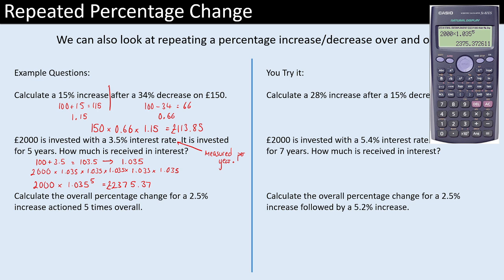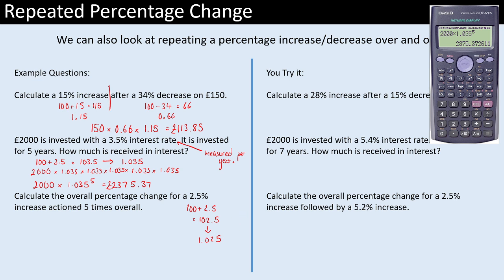What we need to do is just look at the percentage increase. Now, we've got a 2.5% increase. So 100 plus 2.5, 102.5, nothing special there. The multiplier, again, nothing special there, just becomes 1.025.